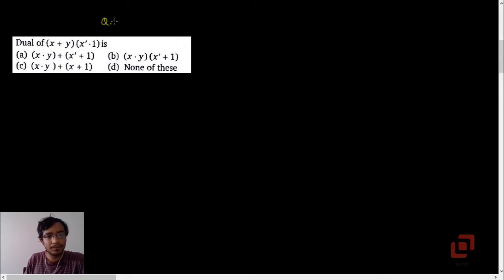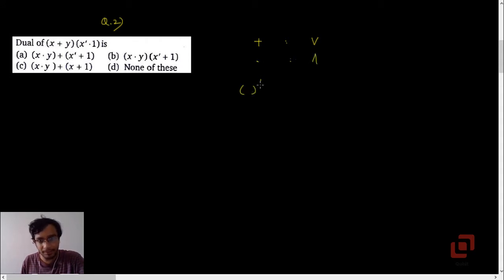Question number 2, another question on principle of duality. As I told you in our previous sum, addition corresponds to OR and multiplication corresponds to AND.